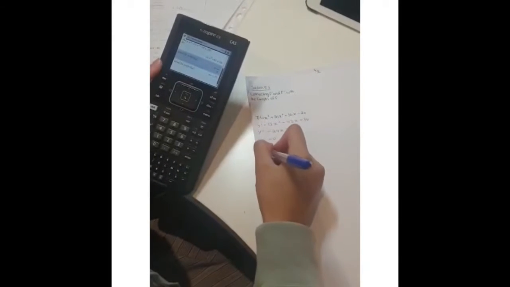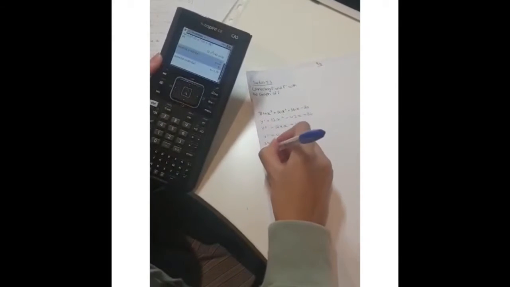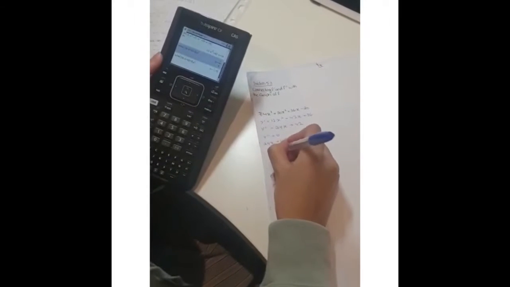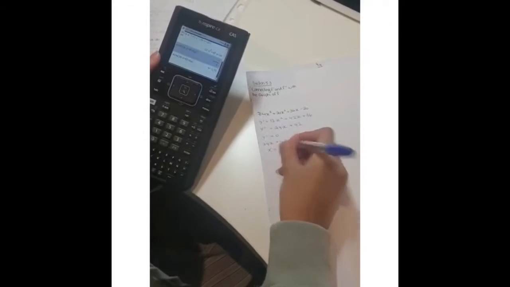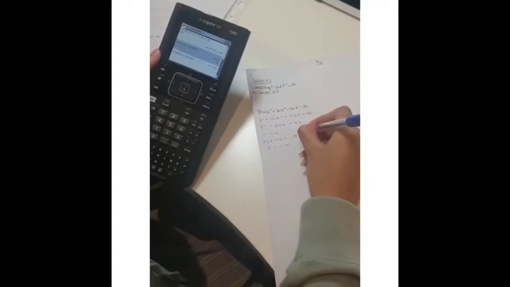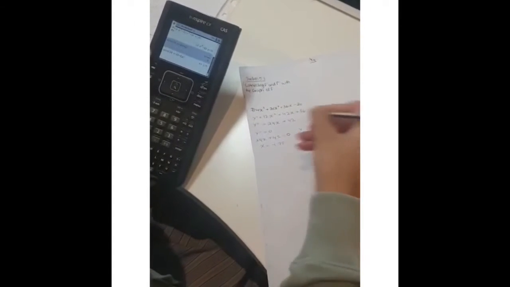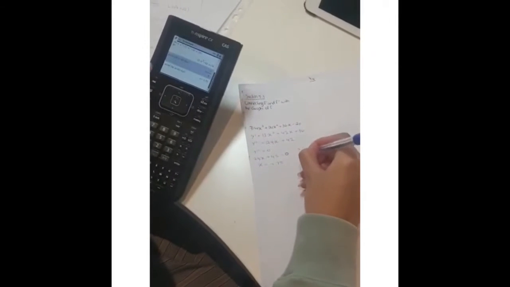So we found x as negative 1.75, and then y double prime equals does not exist. We don't have anything that does not exist, so no.